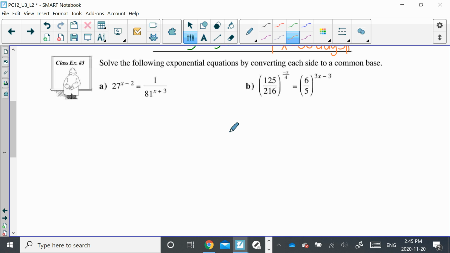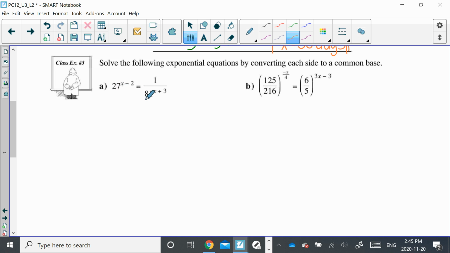This is the last question in lesson number 3, but it's the most complex question. Solve the following exponential equation by converting each side to a common base. Sometimes you just have to be intuitive and figure out what base they're looking for.